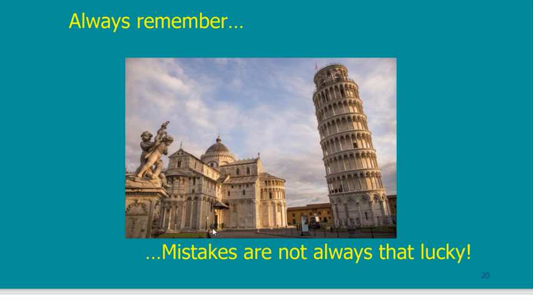And now they are trying to protect it, to save it as a monument, not to save it as a tower. So what I always say, always remember: mistakes in geotechnical engineering or in geology are not always that lucky.